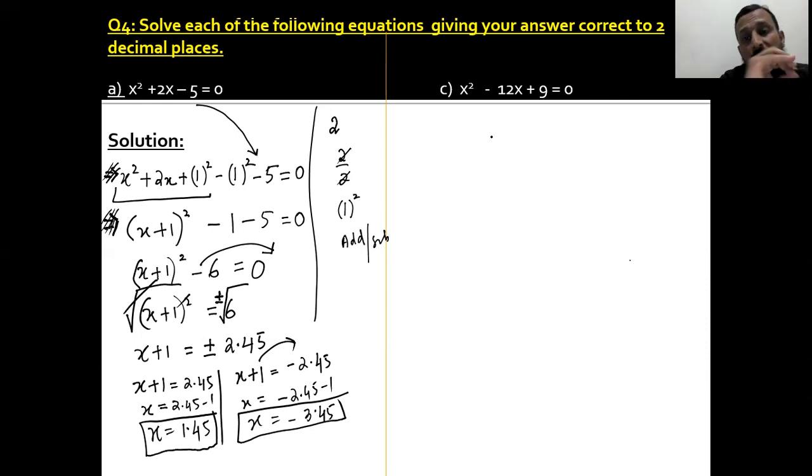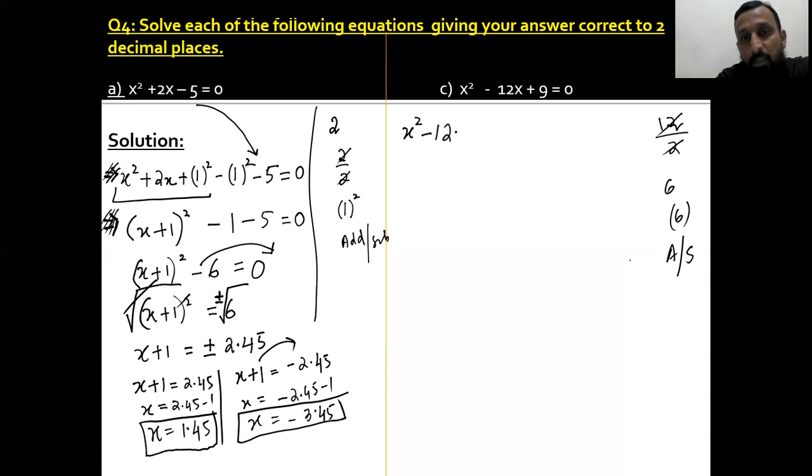Now, what is the coefficient of x? It's 12. I'm writing it in the rough column. Divided by 2, we get 6. We need to square it and add and subtract it. Okay, so I'm doing it here.